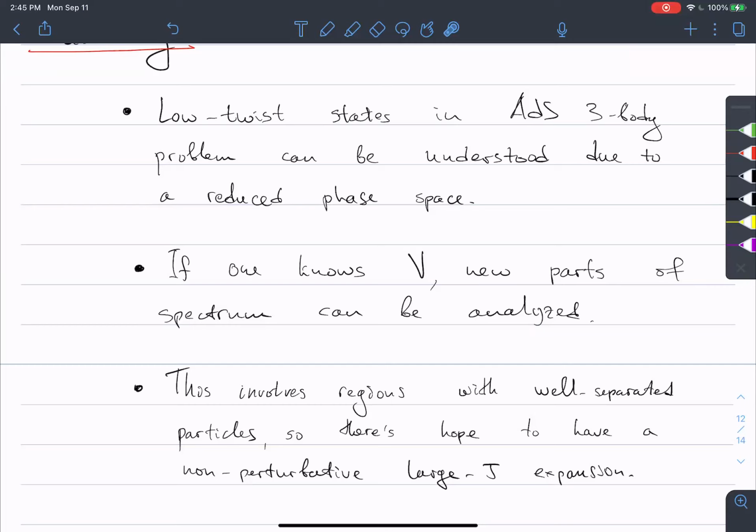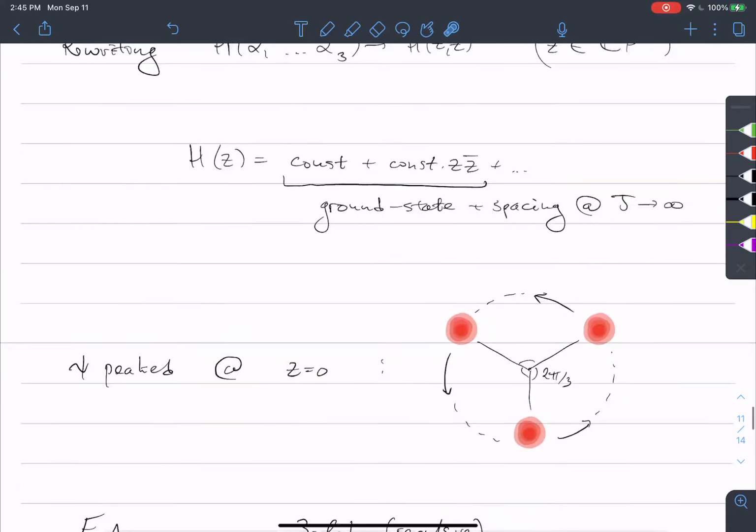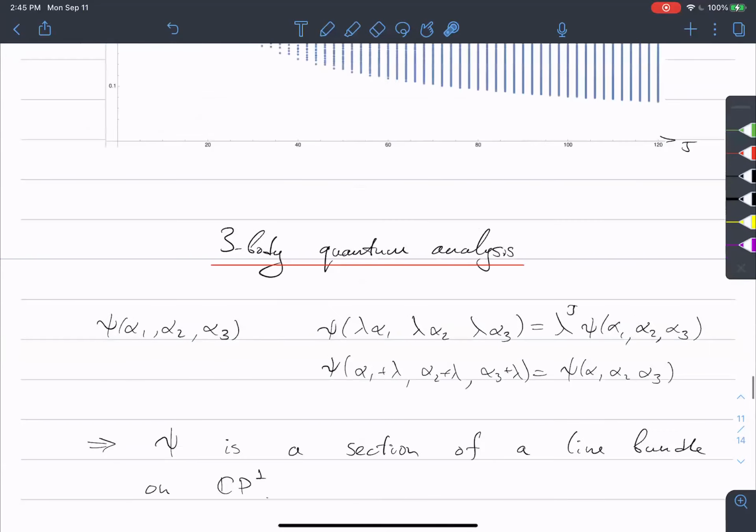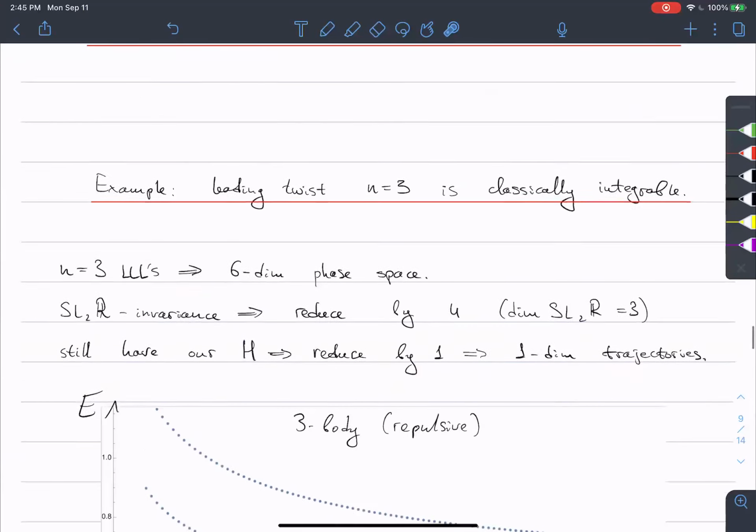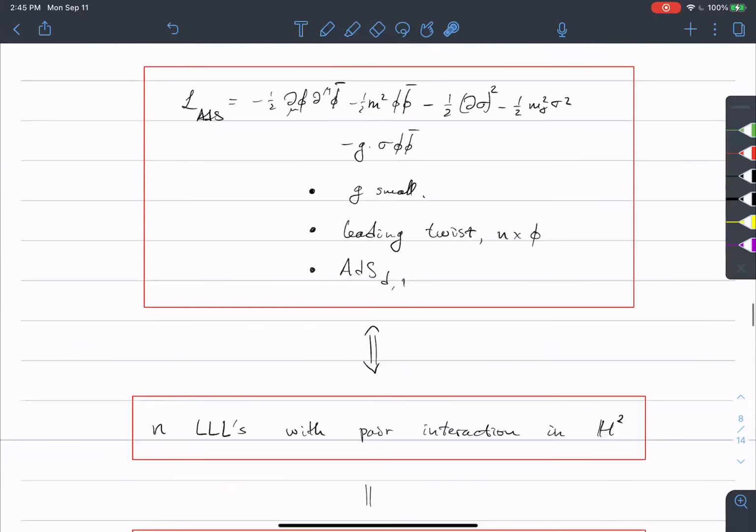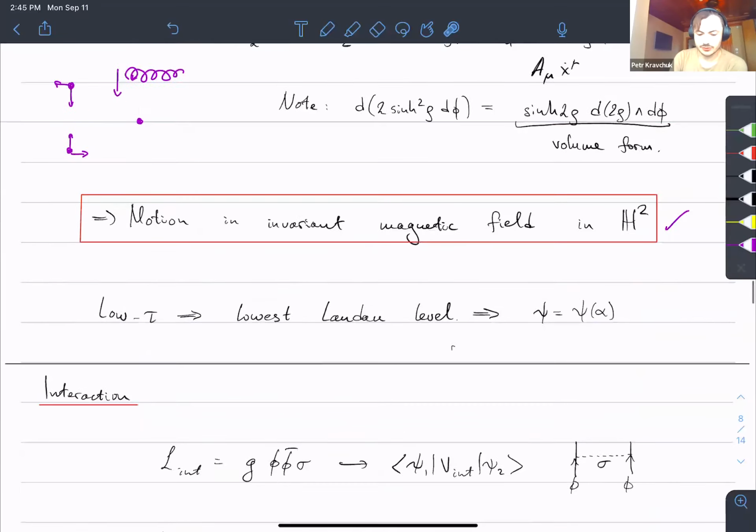So I still don't understand the relationship between the field theory model and the quantum mechanical model that you wrote down. For instance, the quantum mechanical model had only one particle, and I started with one particle, yes.